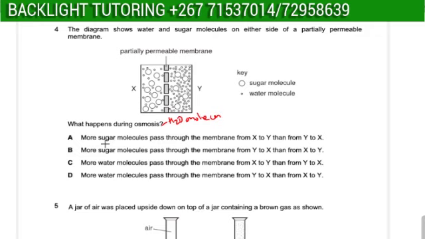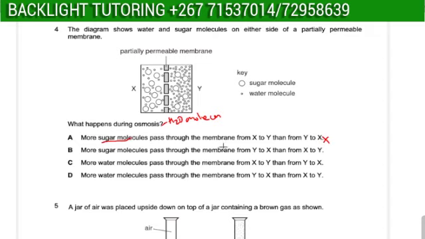So it says more sugar molecules pass through the membrane from X to Y, right? So here they talk about sugar molecules. We are not interested in sugar molecules, right? We are interested in water molecules.